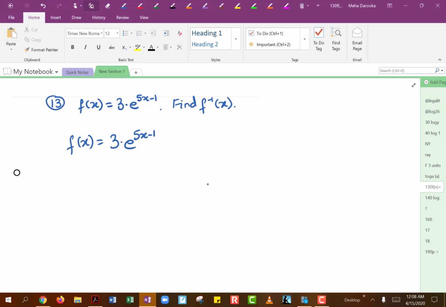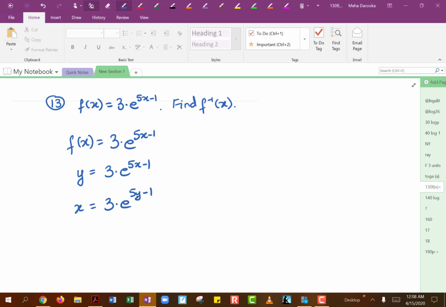Okay, so the first thing we're going to do is rewrite f of x as y. And then remember, the switch and solve method is where we interchange our x and y variables. So the y will become x and the x will become y. And now the idea is we want to try and get that y by itself. So the first thing we're actually going to do is get rid of that 3.